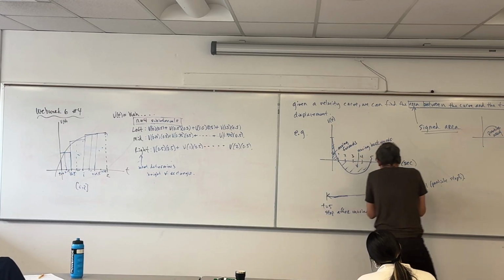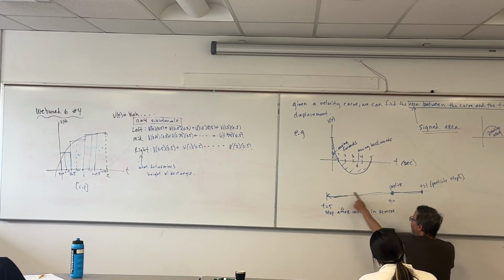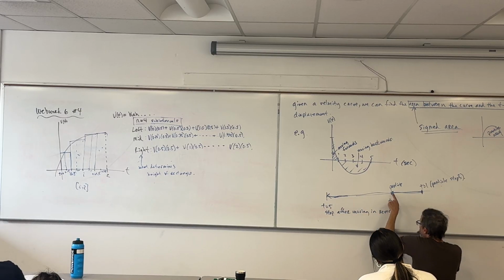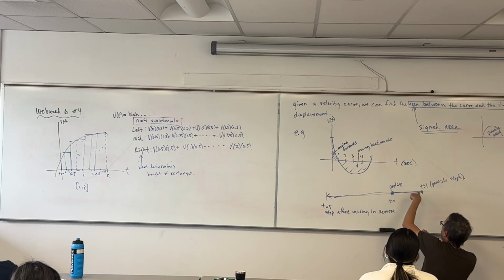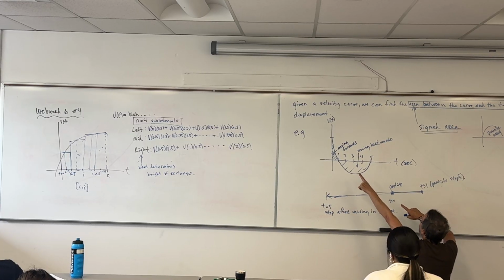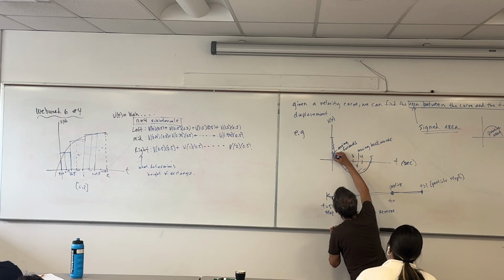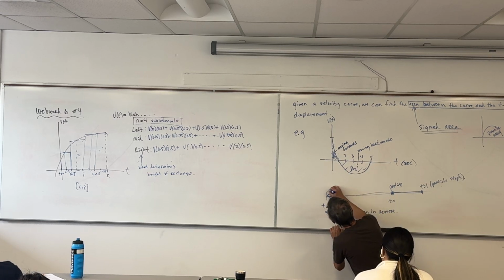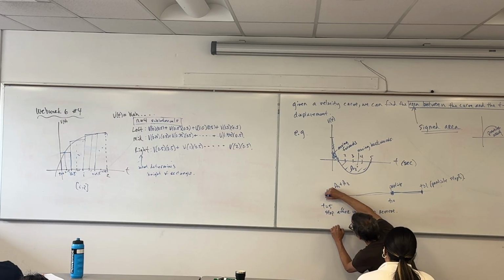But the change from here to here, the net change, remember what we did? We started here, and then we moved here, and then we came back here. If I took the sum of those two areas, so let's call this area 1 and area 2, area 1 plus area 2 is this distance right here.